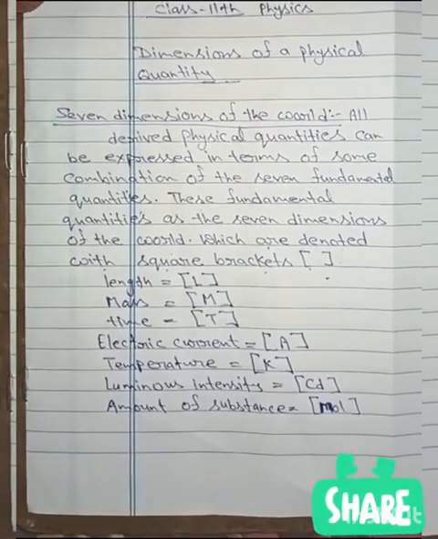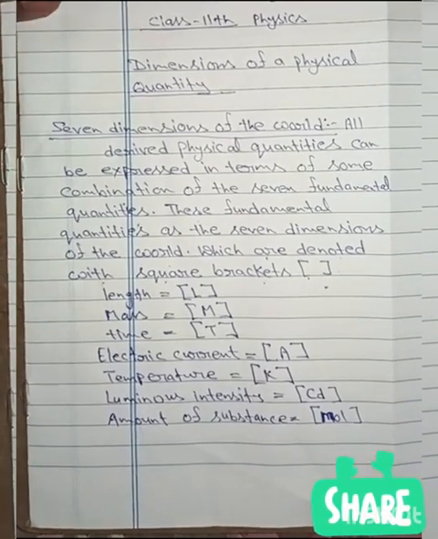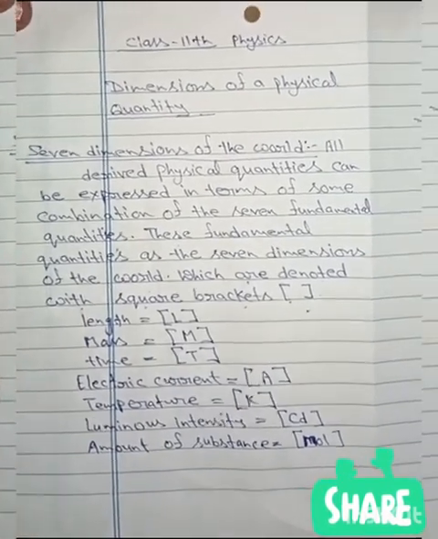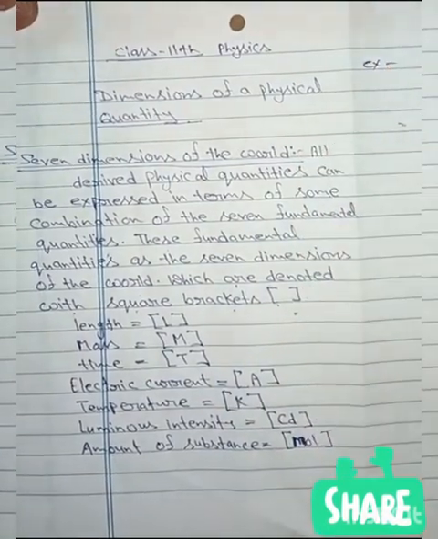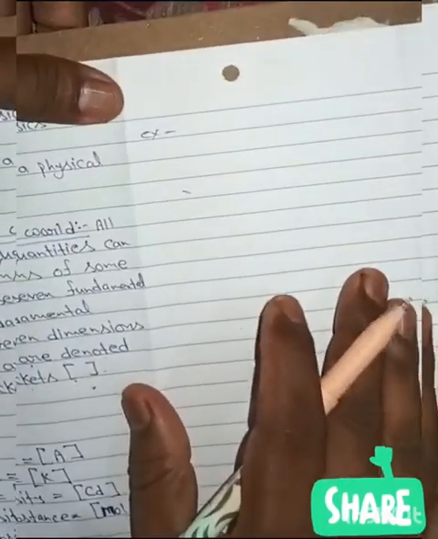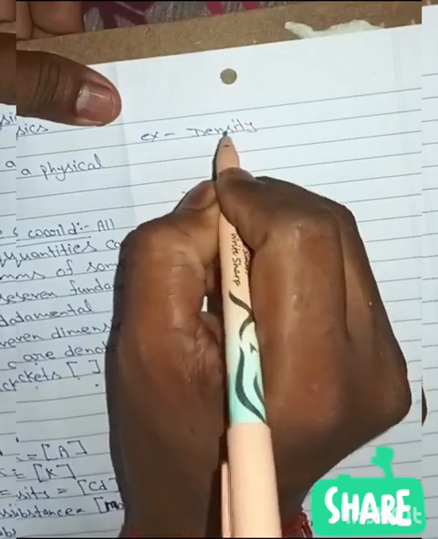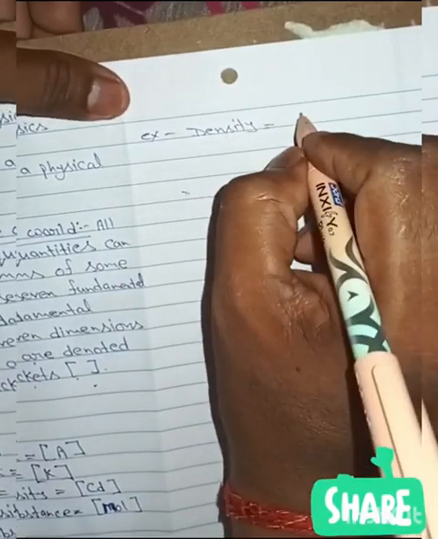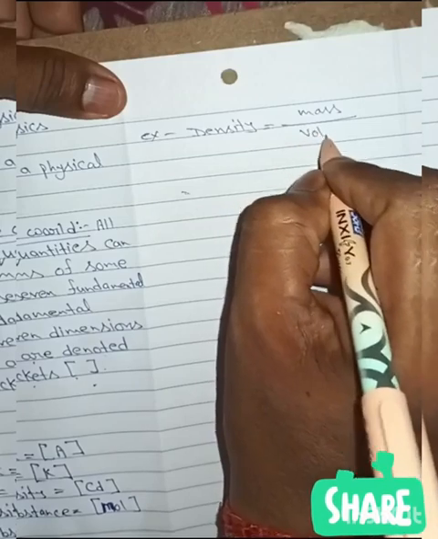Now we will know how to find out the dimensions of a physical quantity. Suppose I have taken an example, density. We know that the formula of density is mass upon volume.